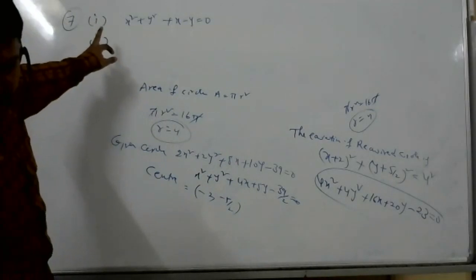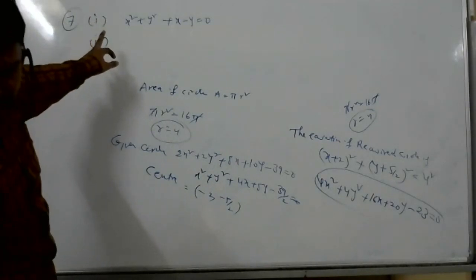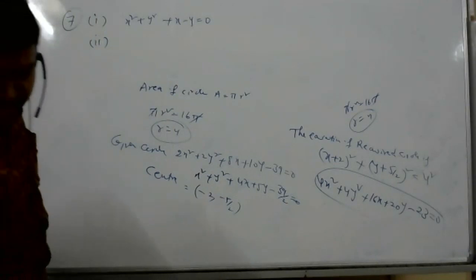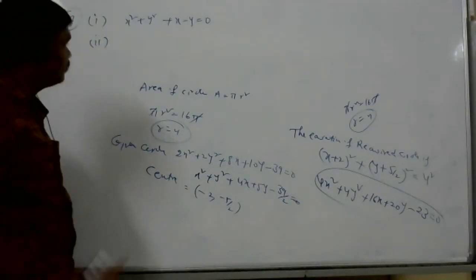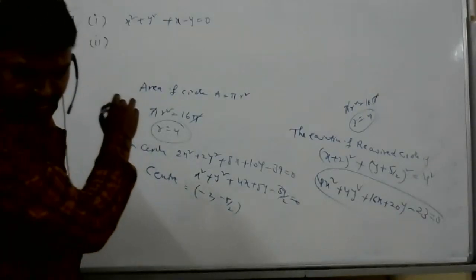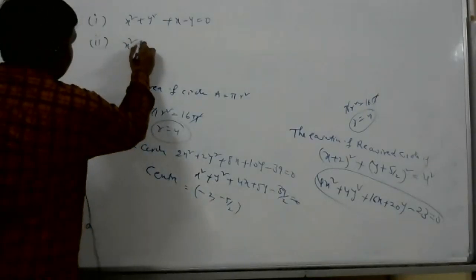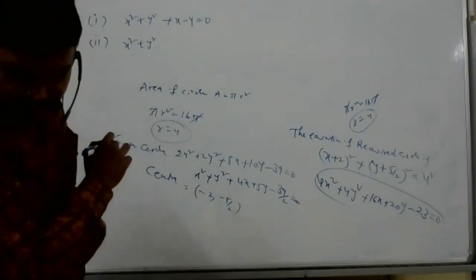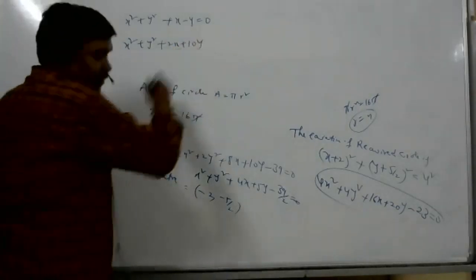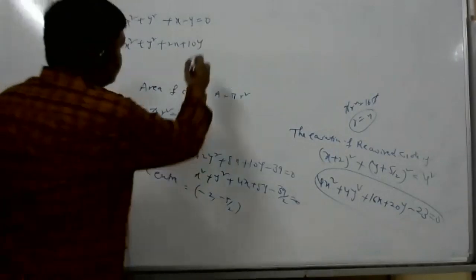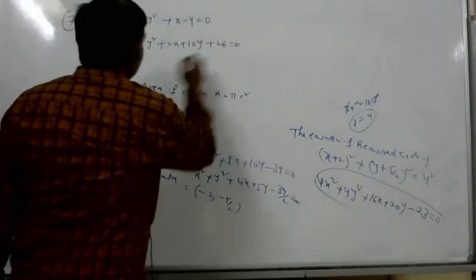Second, x square plus y square plus 2x plus 10y plus 26 is equal to 0.